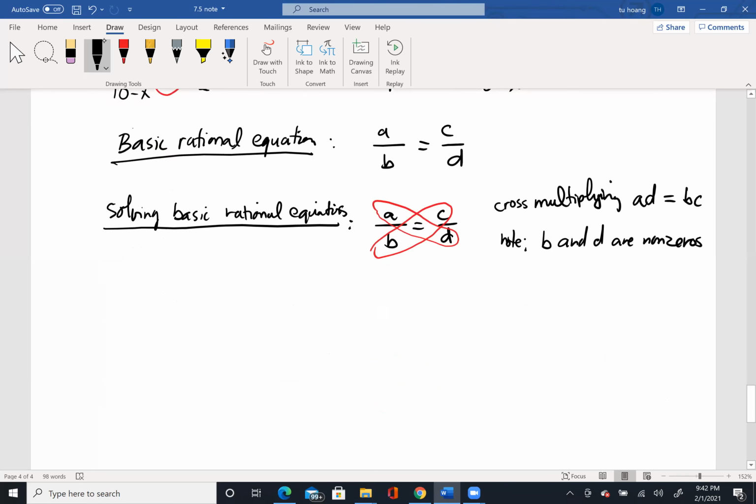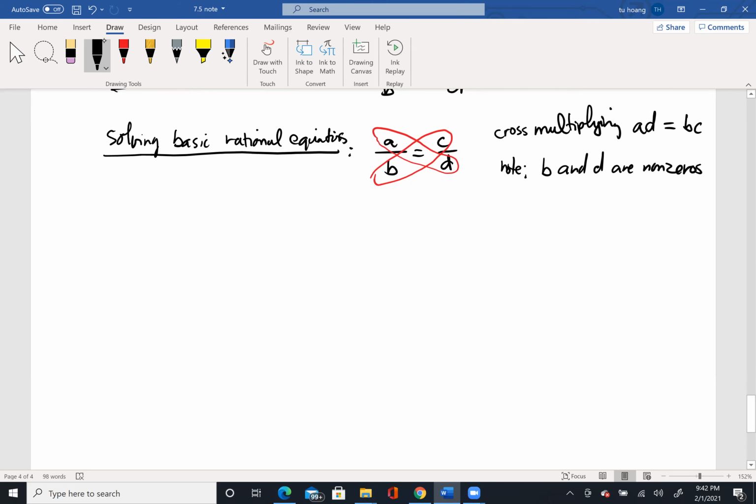So let's move up. Example 1A. Let's solve x plus 1 divided by 5 equal to 3x over 2.